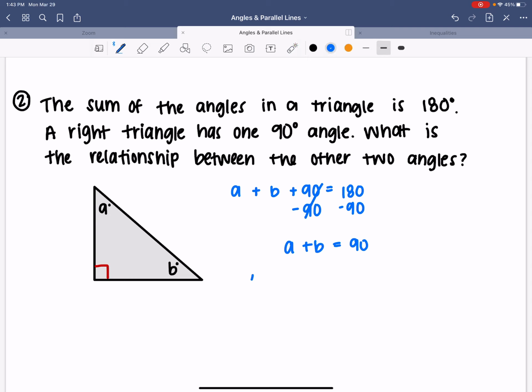So angle A and angle B are complementary because they form 90 degrees. Misspelled that. There we go. So they're complementary because they sum to be 90 degrees.